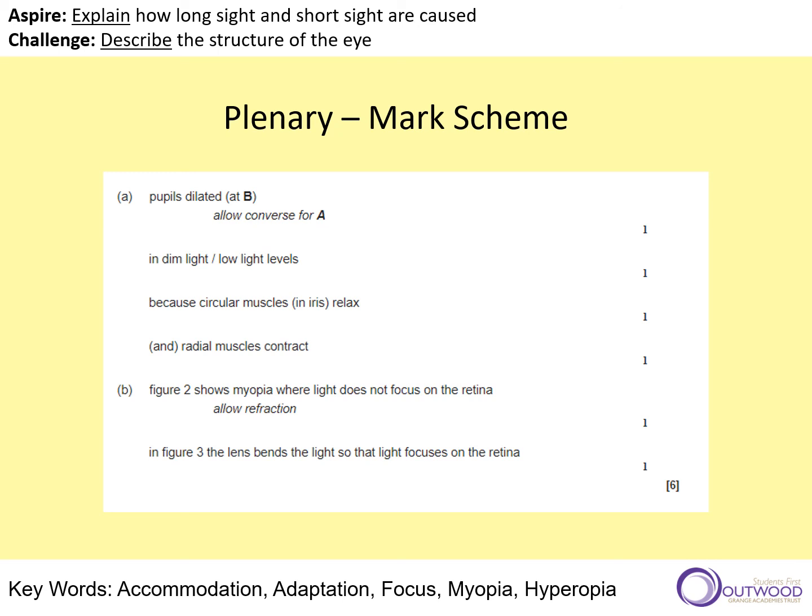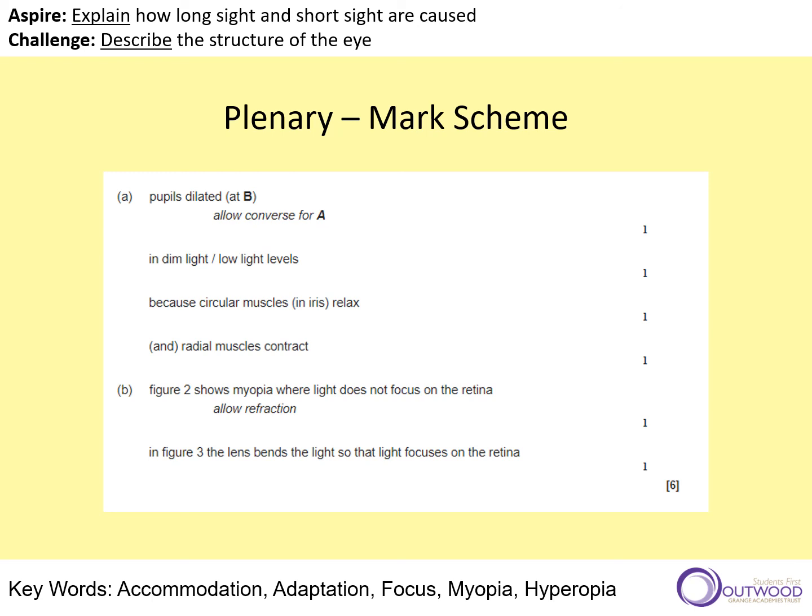And part B, what did figure 2 show? Well, it showed myopia where the light does not focus on the retina. And in figure 3, and actually they'll just allow refraction, to be honest, the lens bends the light so the light focuses on the retina.